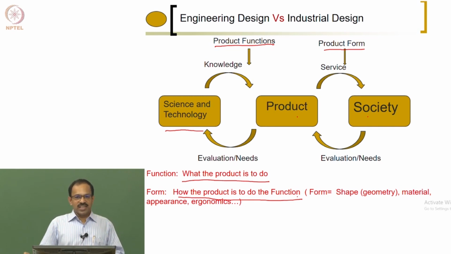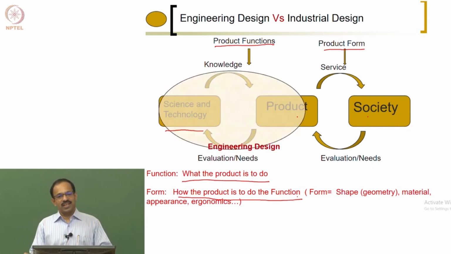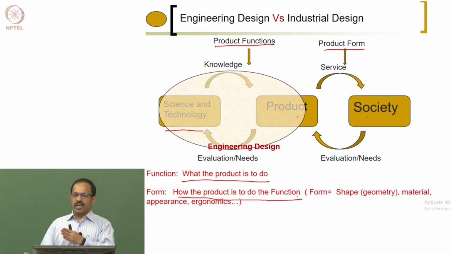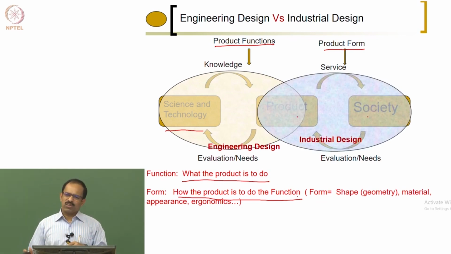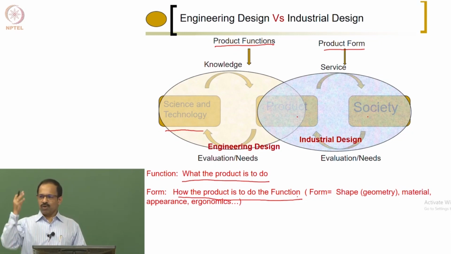And where does engineering design come in here? This part is basically known as engineering design. That is, how do you convert technologies to products to meet some requirements? And the industrial design comes in: how do we make sure that the society accepts it? Society has specific requirements. They want a particular color, a particular shape, a particular ergonomics. I mean, the way you can use it, how to make it user friendly.